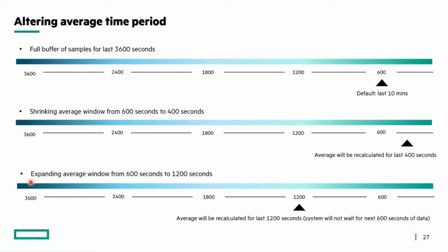Now, there is another scenario where I reconfigured my power consumed average time period to 1200 seconds, which is like expanding the time frame. In that case, when you expand this time limit from 600 to 1200, instead of waiting for the next 600 seconds of data, it will automatically calculate the value of the last 1200 seconds of data and display the value.